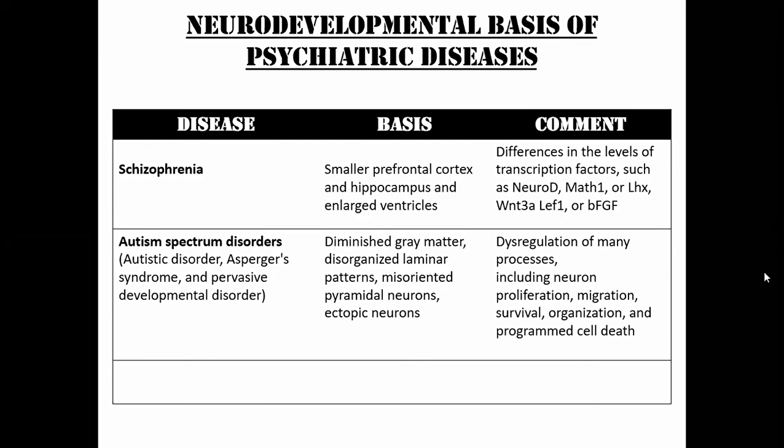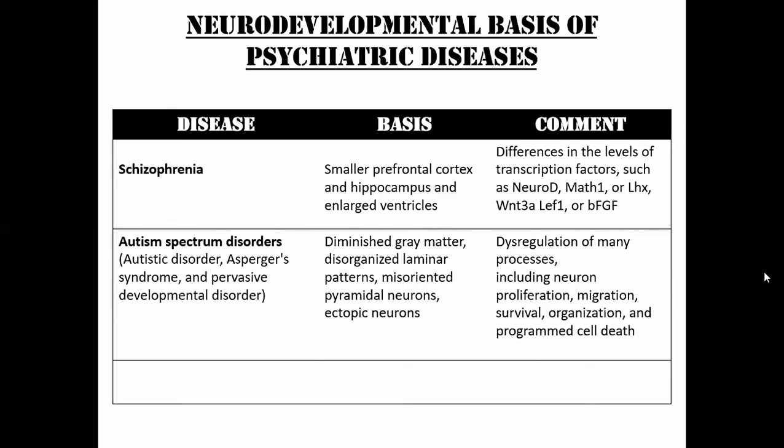So at the end, they cannot really work. There are some who can, but in complicated cases, generally schizophrenic people cannot work. That is because of the different parts of your brain, again your prefrontal cortex, your hippocampus, and enlarged ventricles.